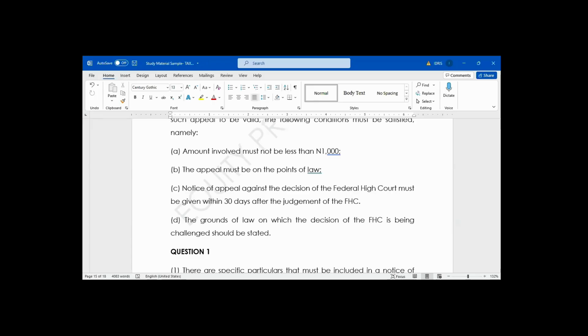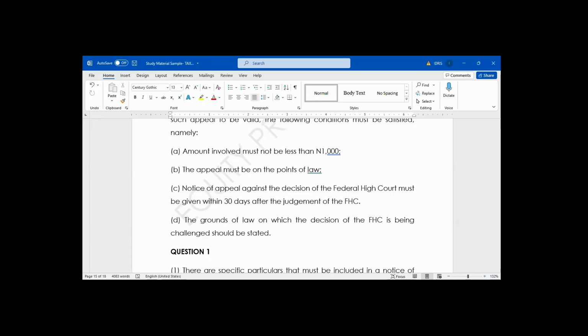Notice of refusal to amend. From notice of objection, amendment, what is the next stage? Notice of appeal. From notice of appeal, what is the next stage? Tax appeal tribunal.